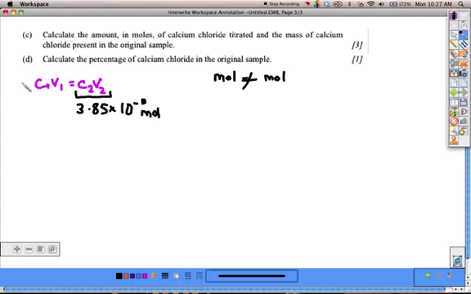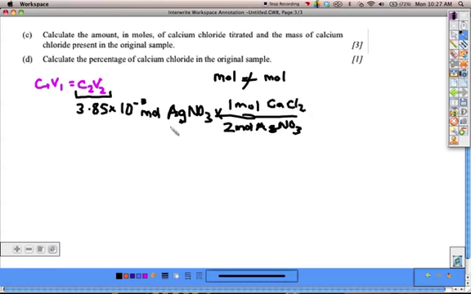So for every 2 moles of AgNO3, there is 1 mole of calcium chloride. So I have to take 3.85 times 10 to the negative 3 and divide it by 2. And that should give me the number in moles of calcium chloride titrated within the sample.